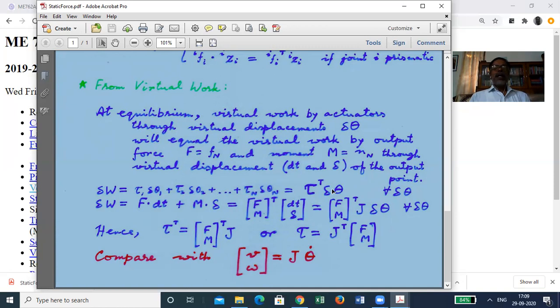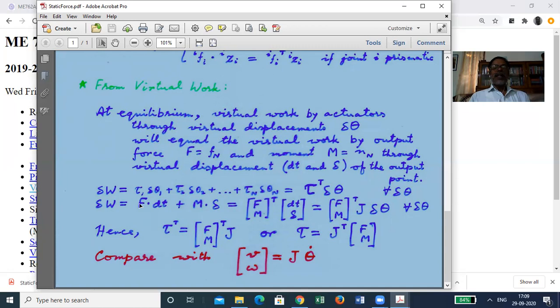At the end, it will be the output force dot the virtual displacement of the hand plus the output moment dot the virtual rotation of the hand. Now this rotation is taken as a vector because it is a small rotation.